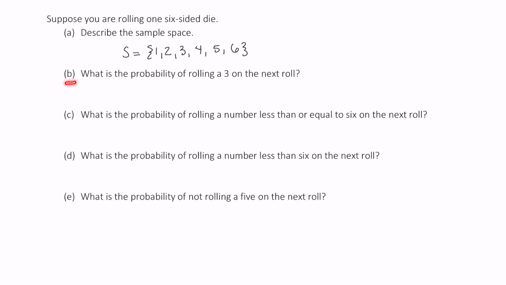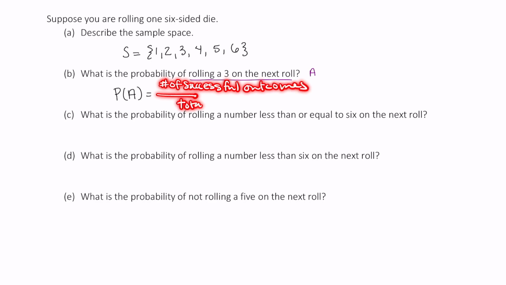Next, part B. What is the probability of rolling a 3 on the next roll? I'm going to call rolling a 3 event A, and in probability notation, the probability of this event A occurring is, well, remember, the number of successful outcomes goes on top over the total number of outcomes.